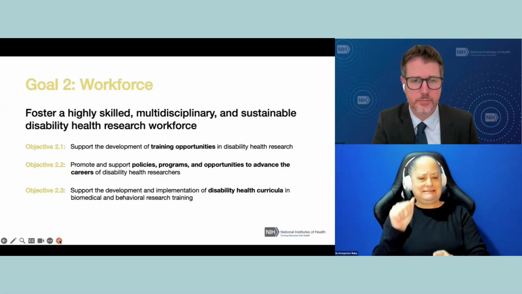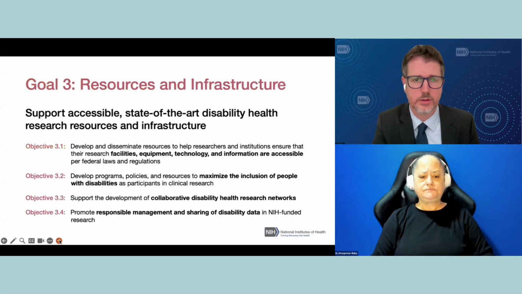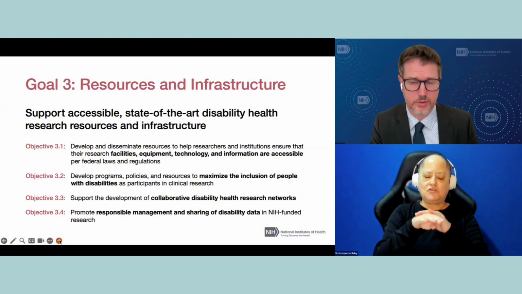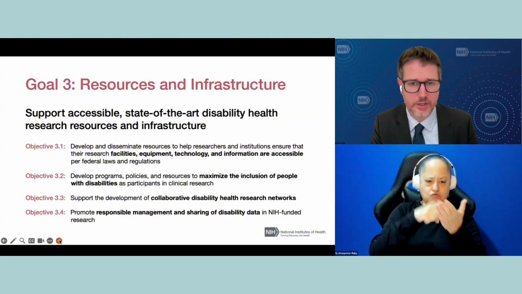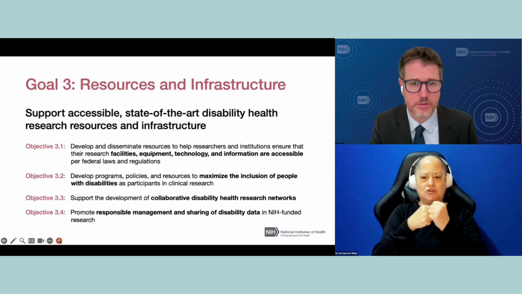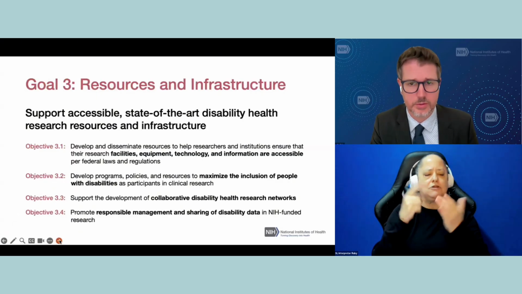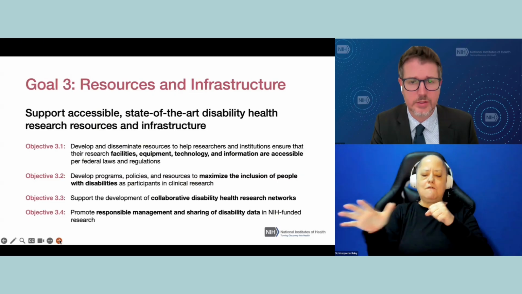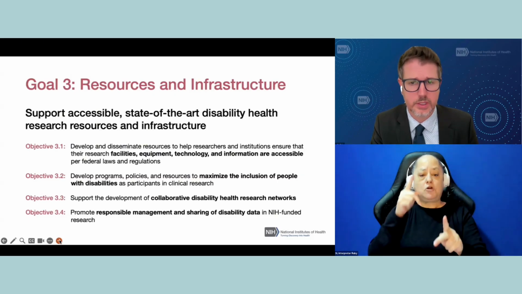Next slide, please. The third goal is to support accessible, state-of-the-art disability health research resources and infrastructure. Conducting innovative, rigorous, person-centered disability health research requires modern, well-supported resources and infrastructure that enable the full participation of disabled people as researchers and research participants.